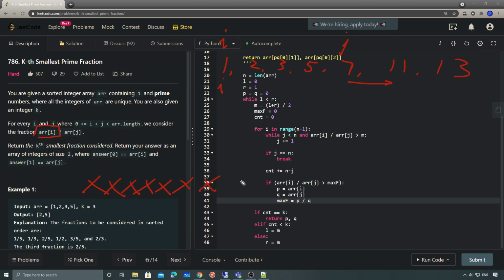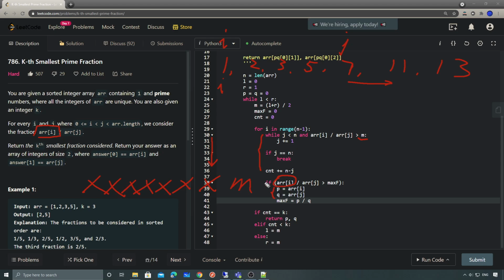Since we're trying to find the biggest fraction among all those candidates, the current j will be the biggest one, given fixing this i here. That's why every time we find the first pair which is smaller than the m here, we can use that pair to update this p and q.